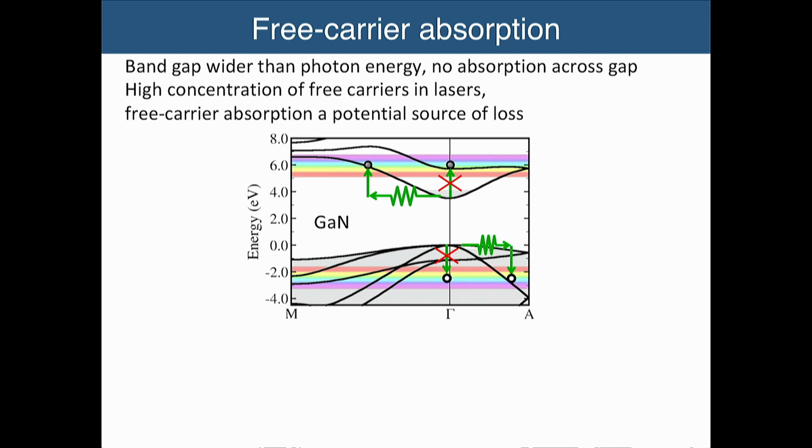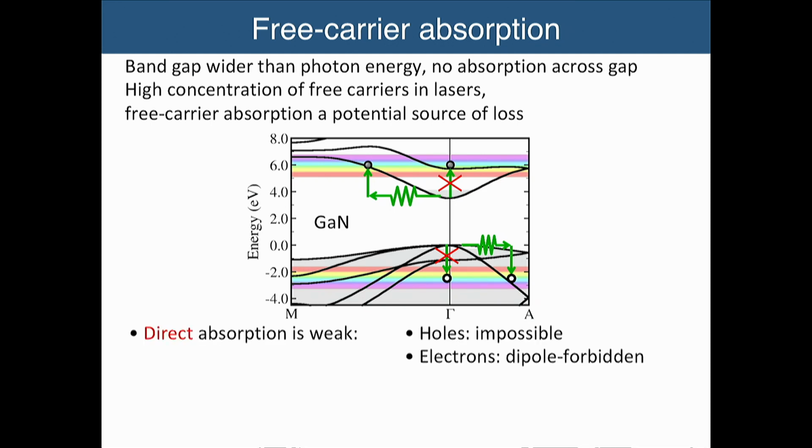What can happen, though, is that here we have lots of free carriers, either free electrons at the bottom of the conduction band or free holes at the top of the valence band. And in this case, direct absorption is not possible. For holes, for example, there are no states for them to be excited to. For electrons, there is a state, but it's a type of forbidden transition, so it's a very weak absorption.